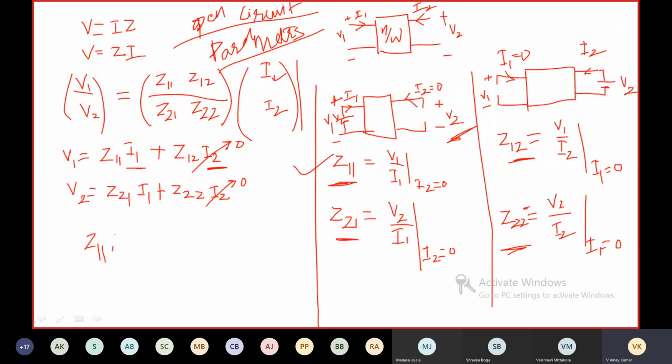Z12 and Z21 are called transfer impedances.